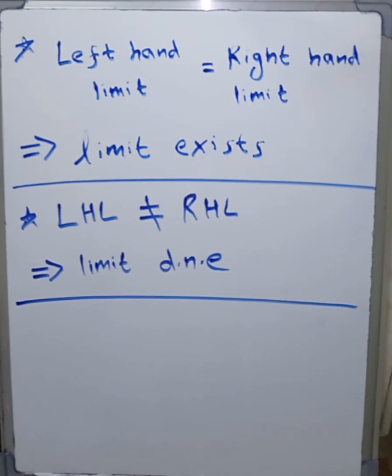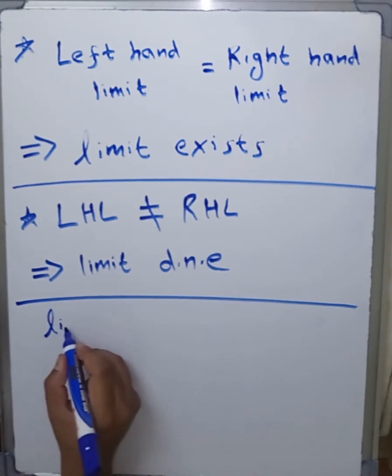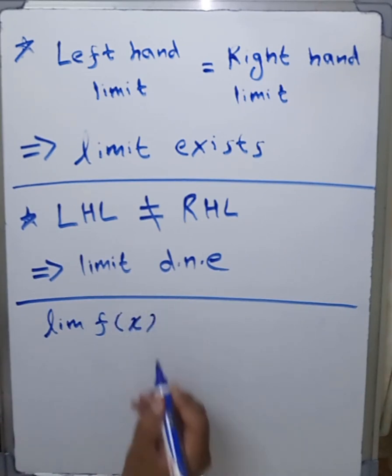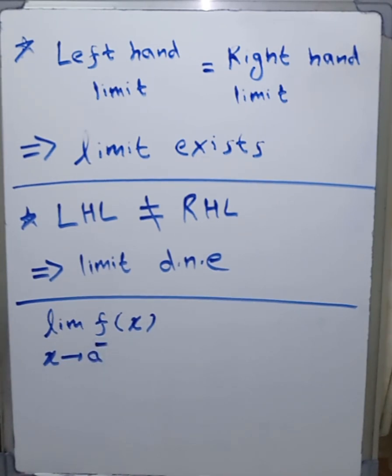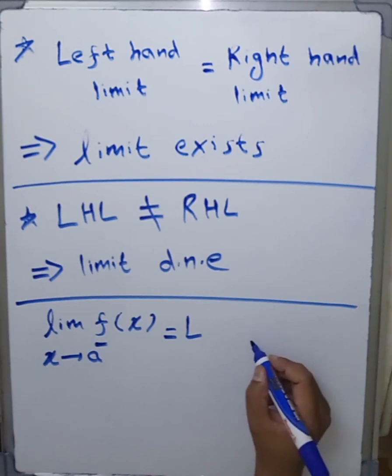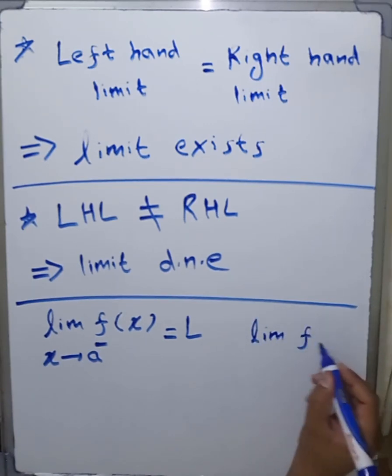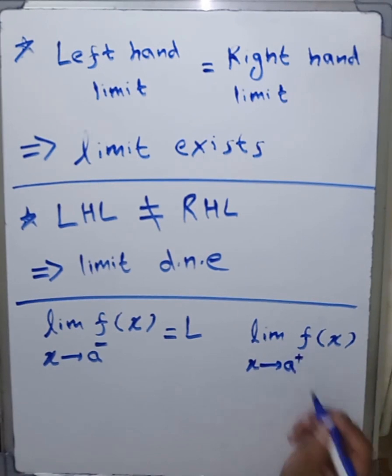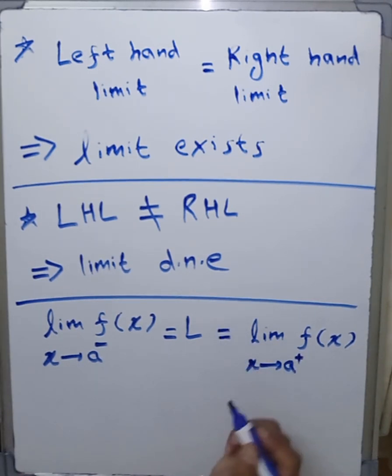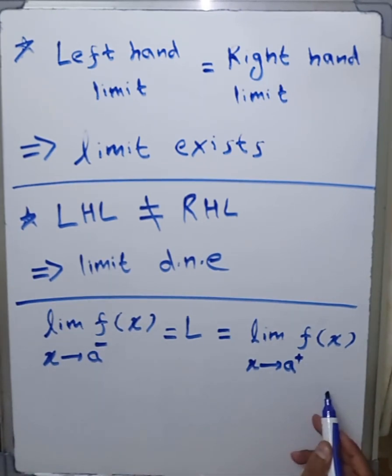Let us write mathematically. Suppose the limit of the function f(x) as x tends to a from the left is equal to L, and the limit of the function f(x) as x tends to a from the right is also equal to L. So what we have written is that the left hand limit is equal to the right hand limit.